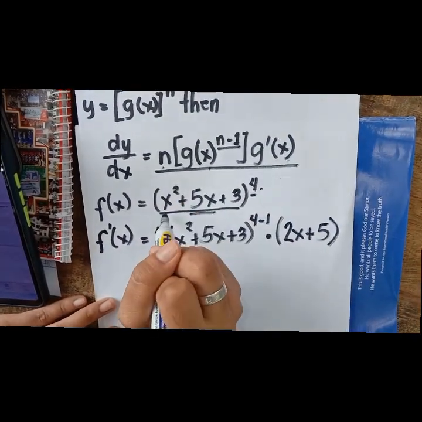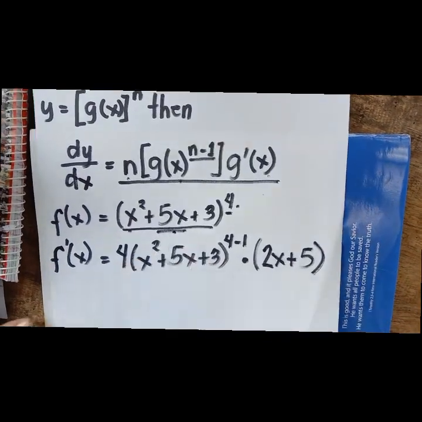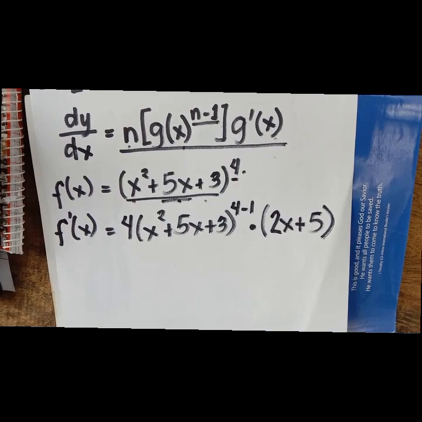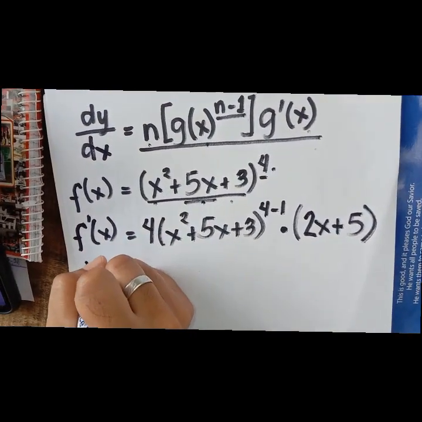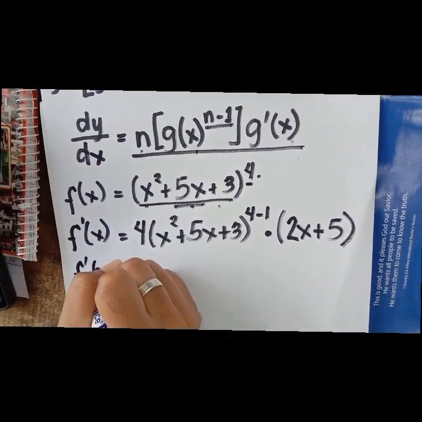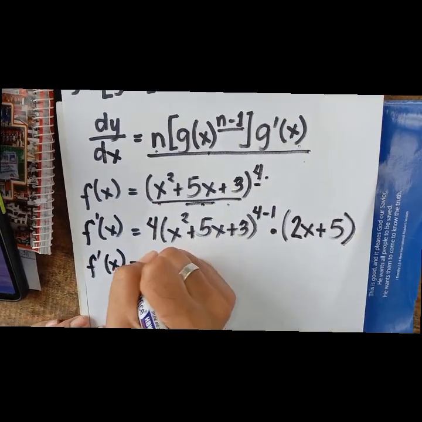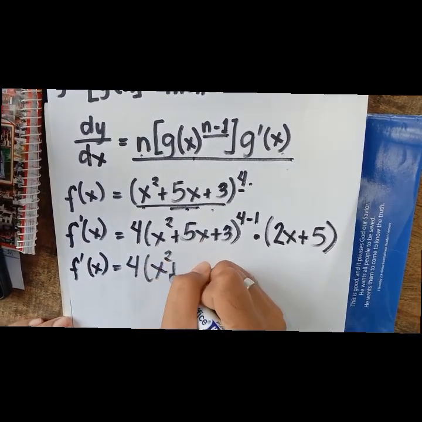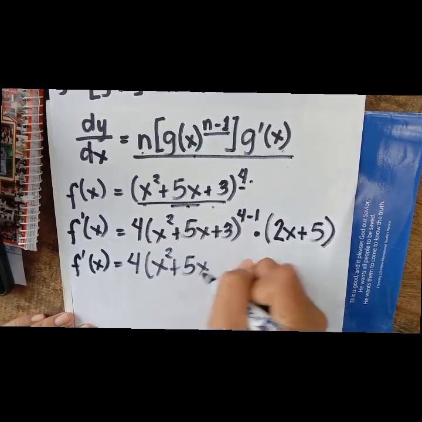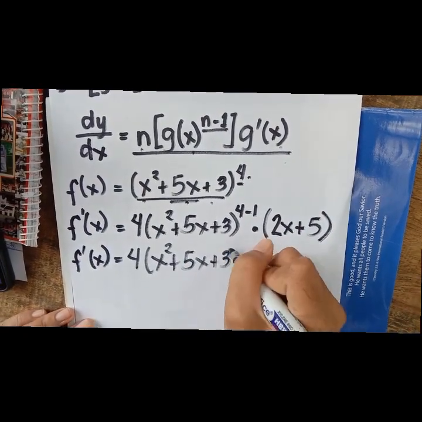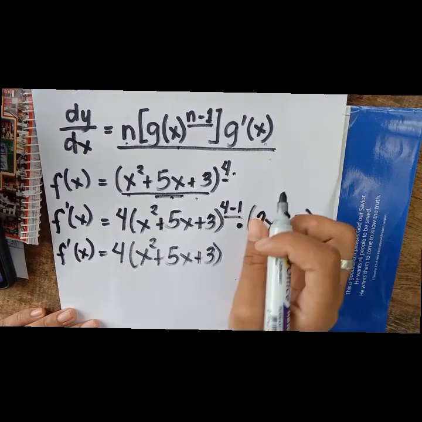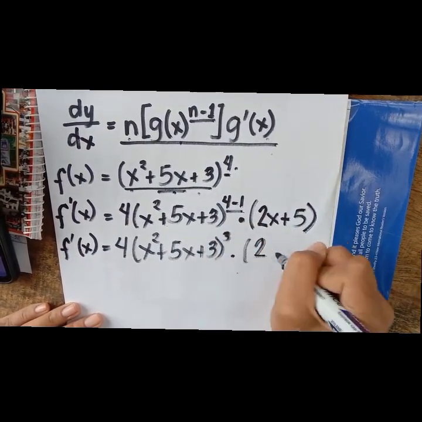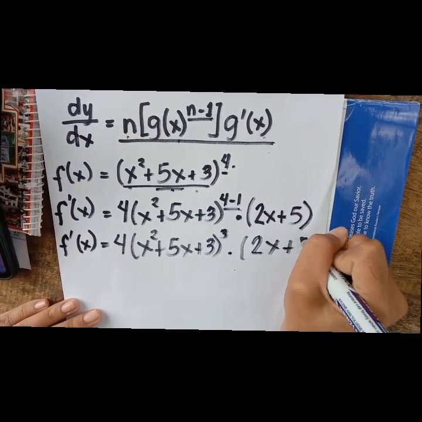That is the derivative of x squared, 5x and 3. So, f prime of x is equal to 4 times x squared plus 5x plus 3 raised to 4 minus 1, which is 3, times 2x plus 5.